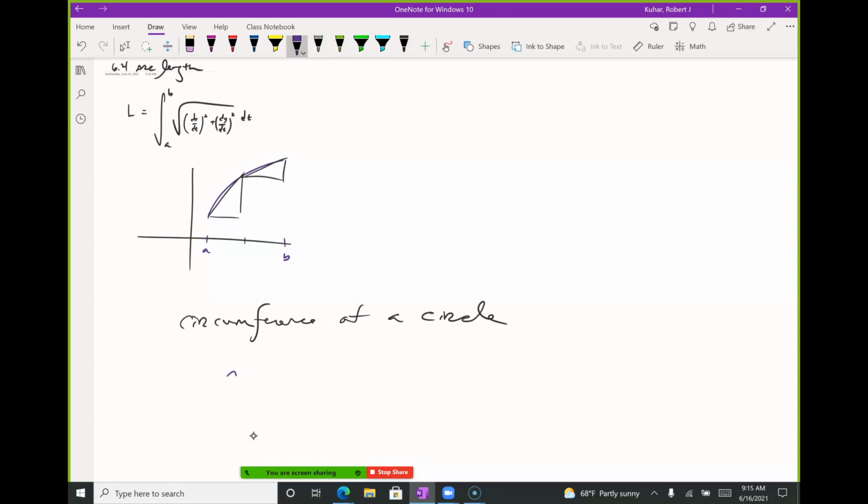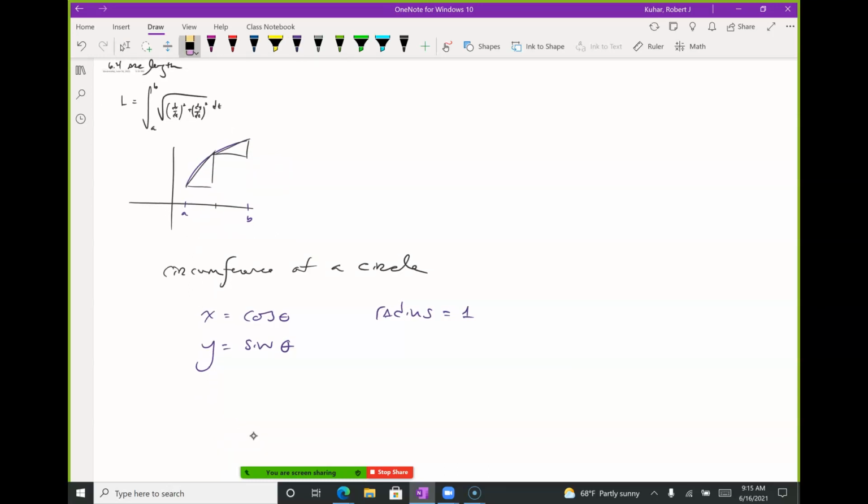So what do I get? x equals cos theta, where the radius is 1 here, and y equals sine theta. Or cos t, I'm using theta instead of t. I can use t, it's the same thing. Theta starts with t anyway.